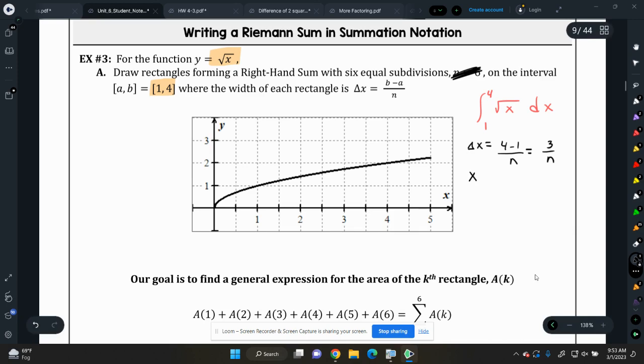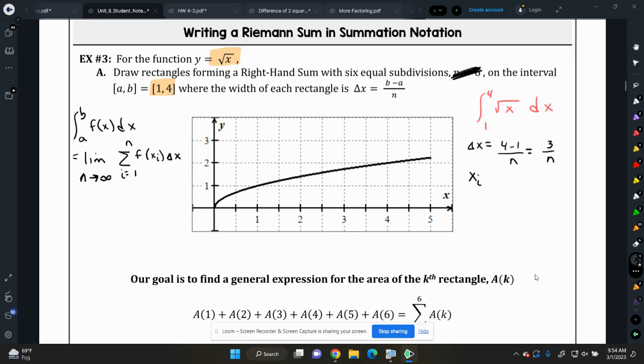So now I have to figure out what x sub i is, because remember, my formula says the integral from a to b of f of x dx is equal to the limit as n approaches infinity of the summation from i equals 1 to n of f of x sub i delta x.